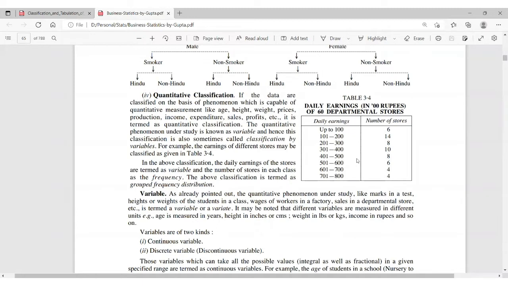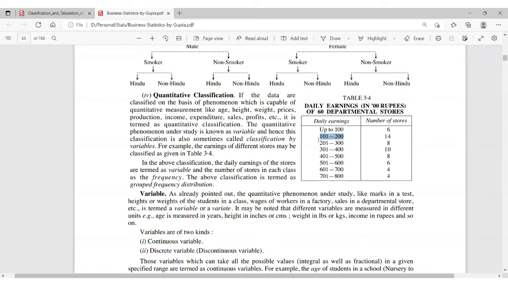So what we do, we find out some range, some limit defined, from 101 to 200. Whatever the number, it comes in this category. That means 14 stores, right? They might be earning 101.5 or 195 or 148.6.